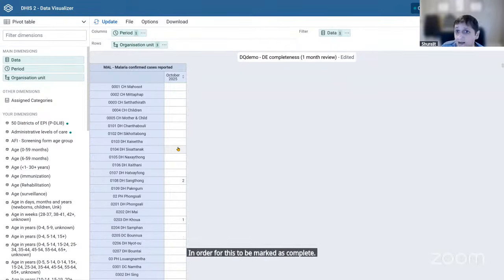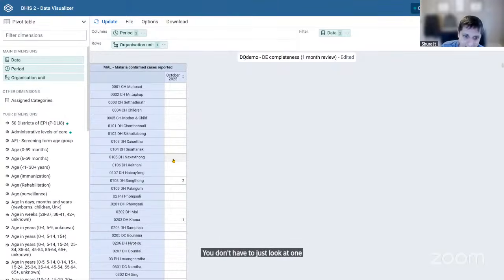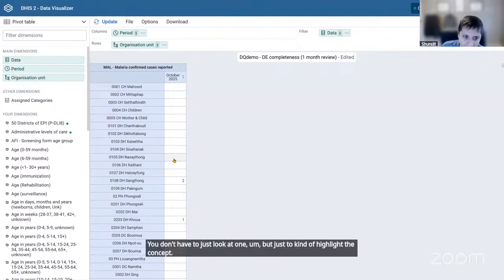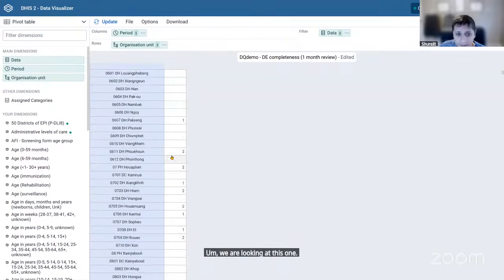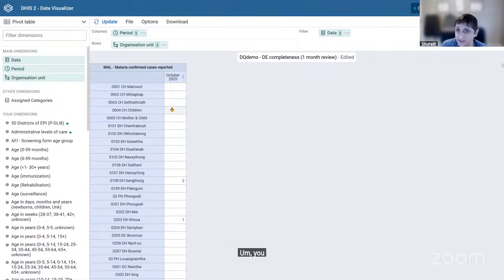So now we're looking at a specific variable, and we can look at many variables, of course. You don't have to just look at one. But just to highlight the concept, we are looking at this one. And we would basically want to investigate whether or not these facilities should be submitting a value. In order to determine that, we actually have a complementary measurement that allows us to check.